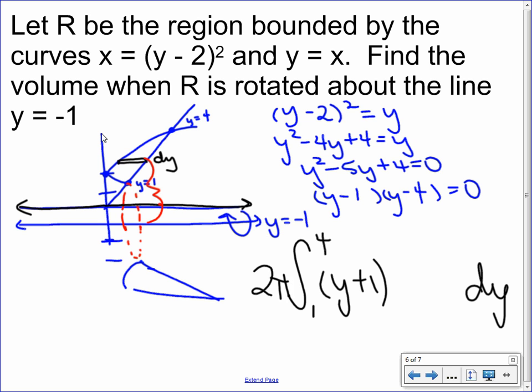And what is the height of each of our cylinders? Which one's on the very right? Y minus our left function, which is y minus 2 squared.